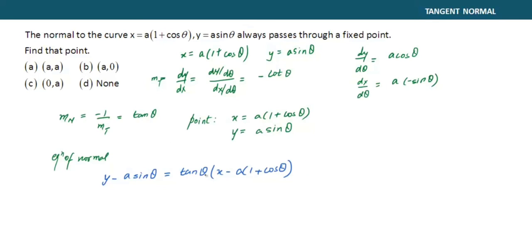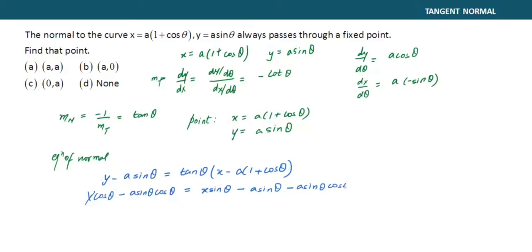Okay, so let's simplify this. If I simplify, tan theta becomes sin by cos, and if I multiply, what I get over here is y cos theta minus a sin theta cos theta is equal to x sin theta minus a sin theta minus a sin theta cos theta.